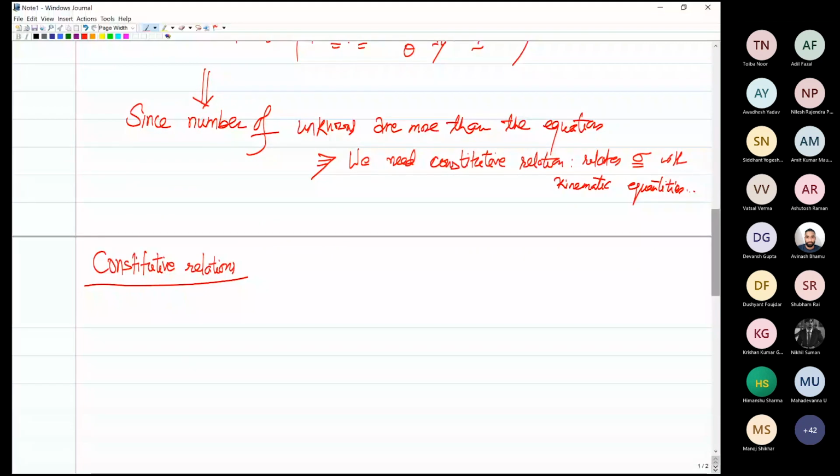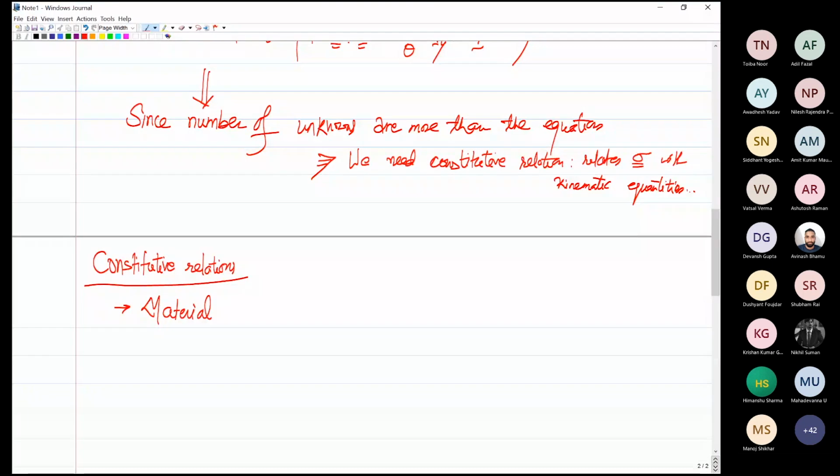But based on physics, we do get some restrictions on what the constitutive relation should look like. What properties should a constitutive relation satisfy? We do get such restrictions from physics. They are obtained through applying the following properties.